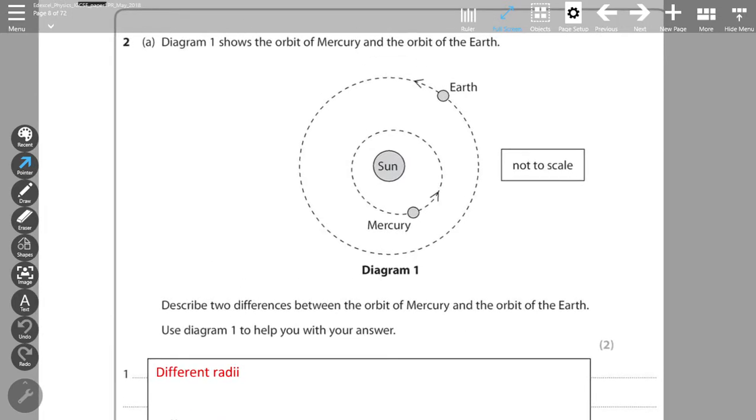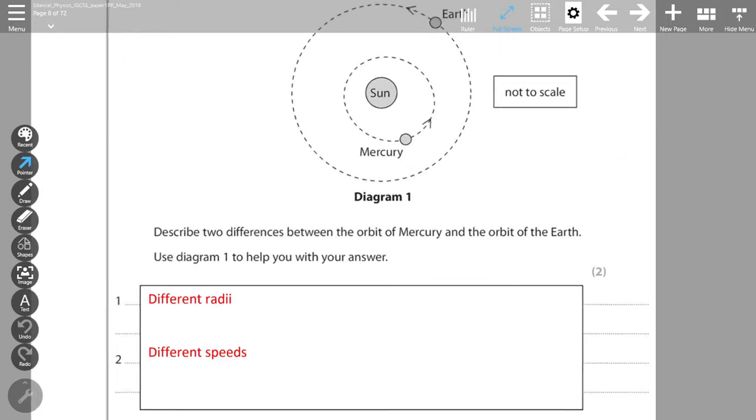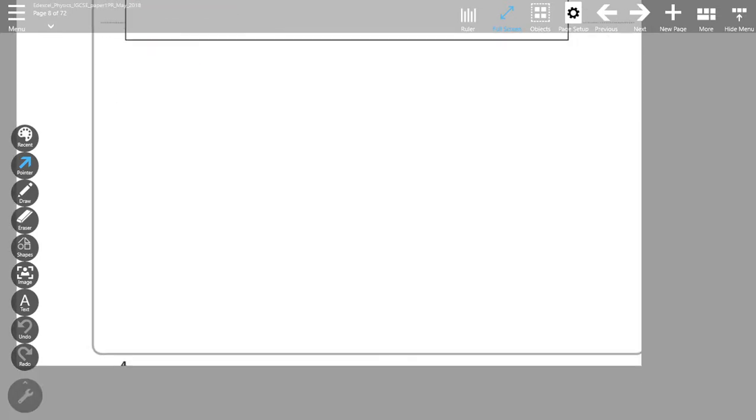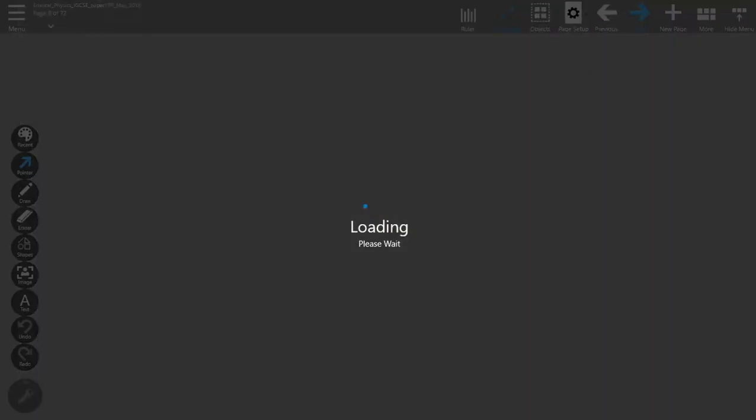Use diagram 1 to help you with your answer. So what we see is that Earth is further away, so we have different radiuses, and Earth will be moving slower, so different speeds. No more questions.